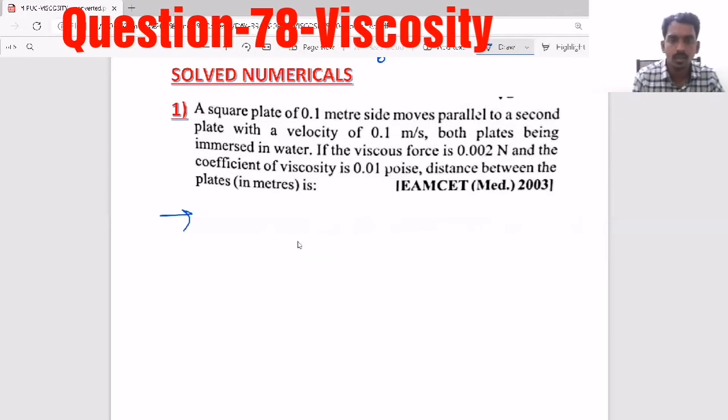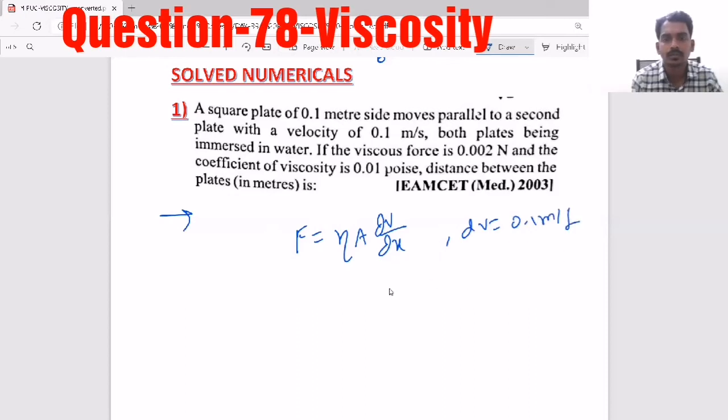What is the viscous force formula? Eta A dV by dx. Now velocity they have given as 0.1 meter per second. Viscous force they have given as 0.002 Newton and the coefficient of viscosity is 0.01 poise.